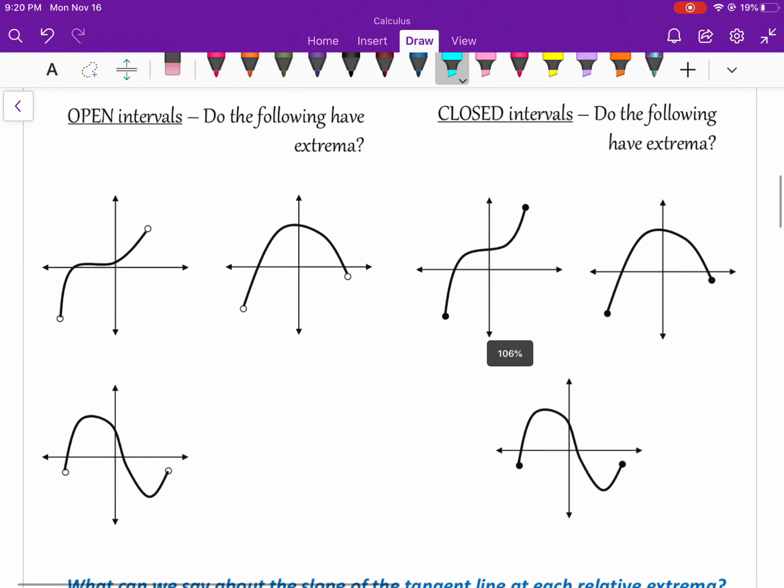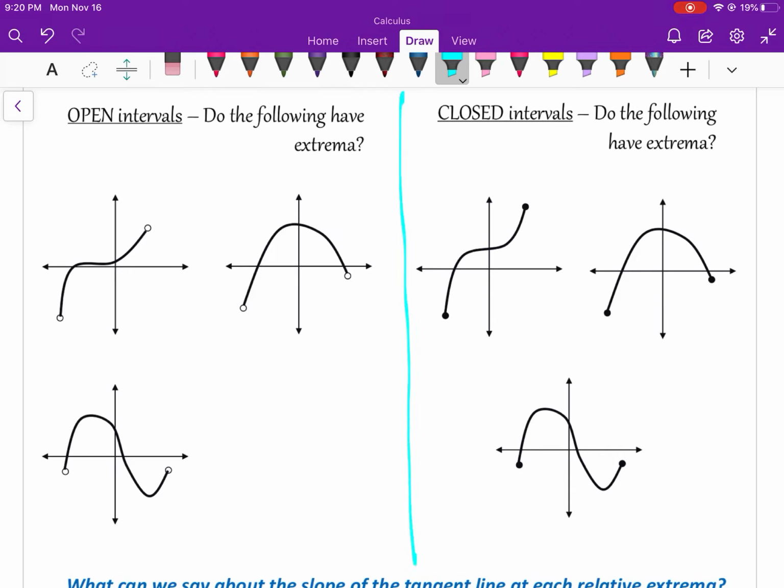Okay, so we have these pictures, and this is split down the middle here. On the left side, I have open intervals, so I'll be talking about relative mins and maxes. On this first one, I would say there's no extrema. I don't have any places where it's changing from increasing to decreasing.